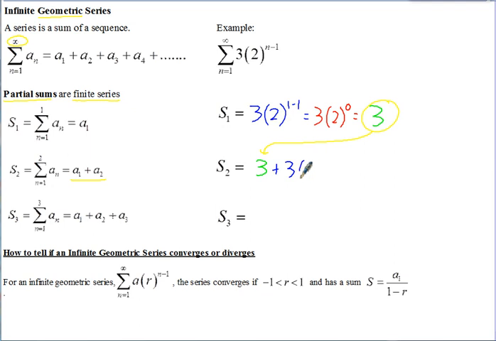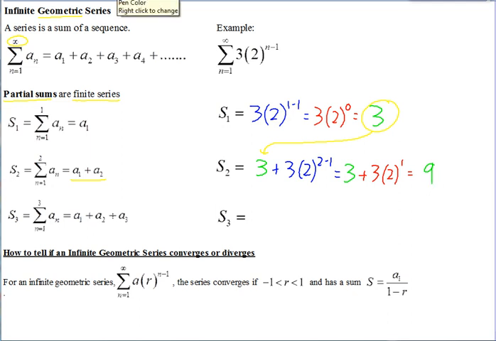So 3 times 2 to the 2 minus 1. 3 plus 3 times 2 to the first. 2 to the first is just 2, times 3 is 6, plus 3 gives you 9. So the second partial sum would be 9.